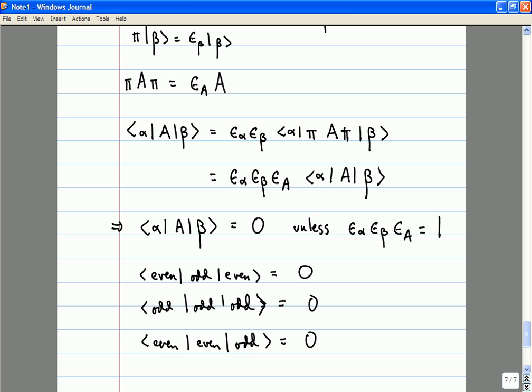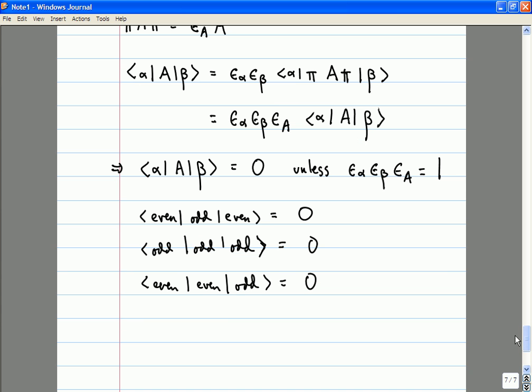So, for example, in the simple harmonic oscillator, if you want to compute the expectation value of the 17th power of x in the 14th energy eigenstate, that's equal to 0.